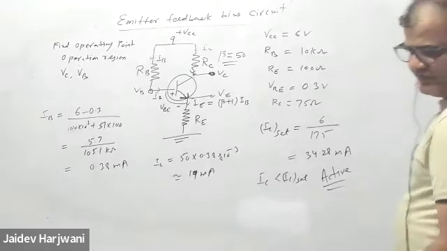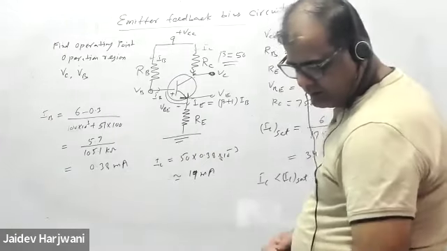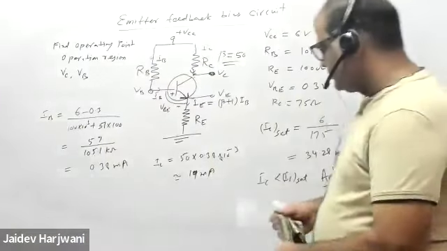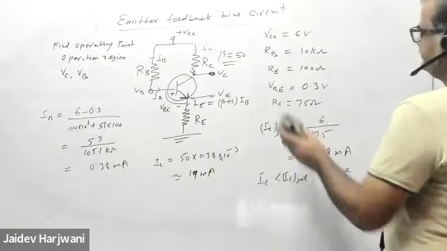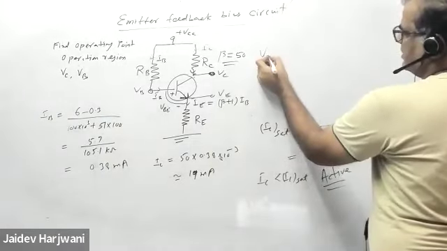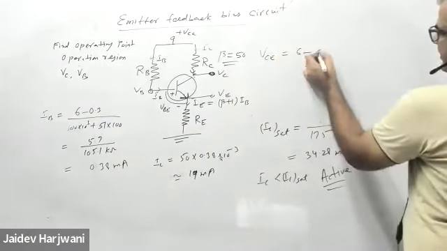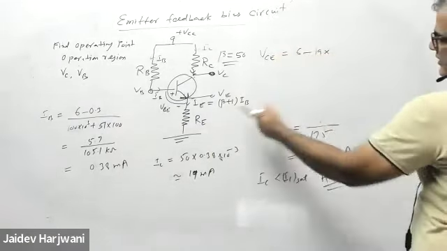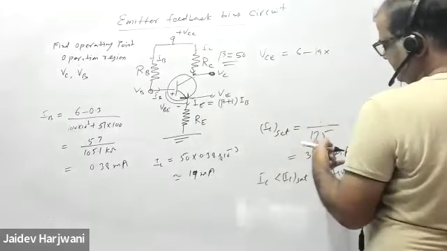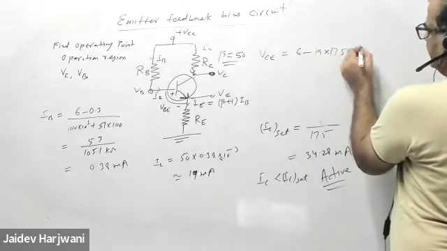And now you have to find the VCE. What is VCE? VCE is your VCC 6 minus IC 19 milliampere into (RC plus RE), 100 plus 75, 175 ohm.